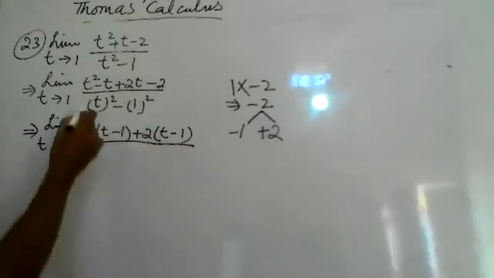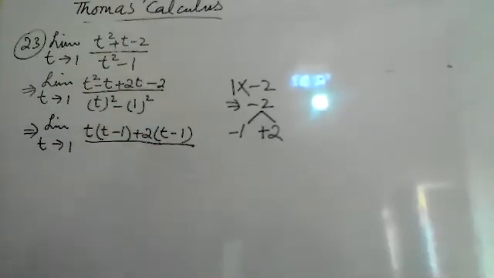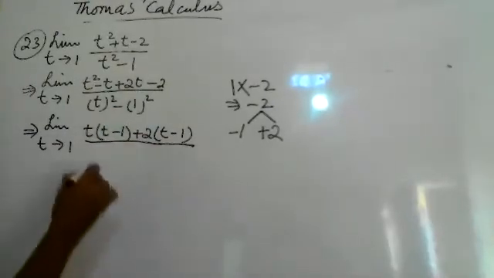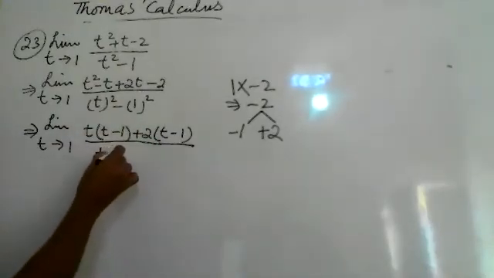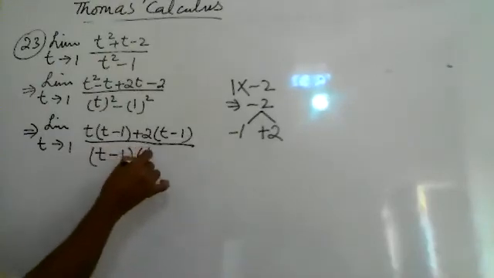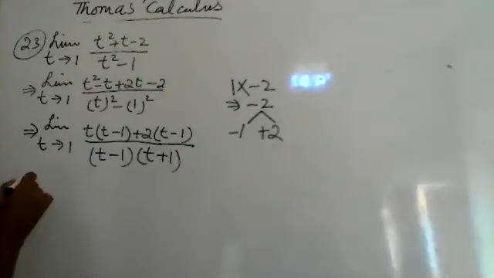Divided by t whole square minus 1 whole square. So the formula a square minus b square will be applied: a minus b into a plus b. So t minus 1 into t plus 1.